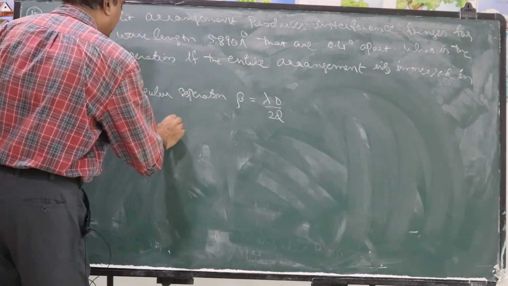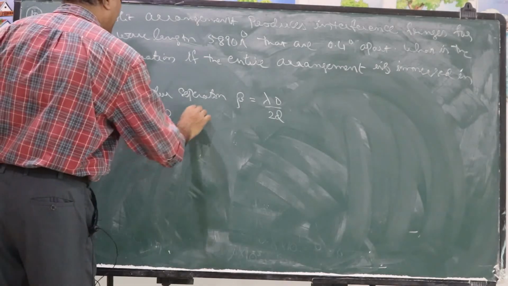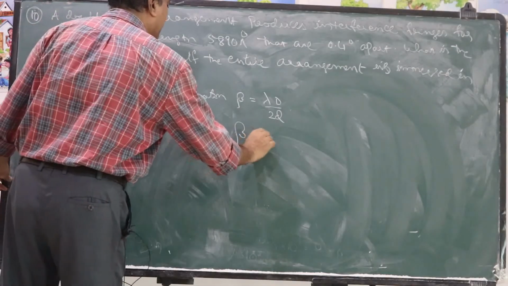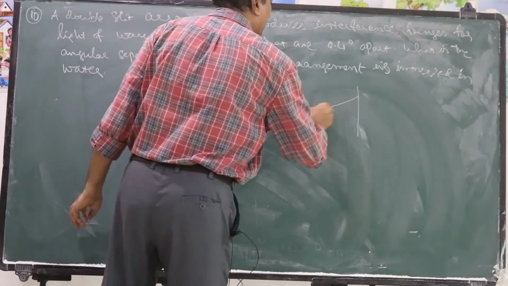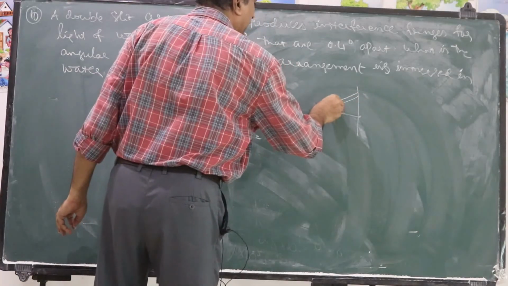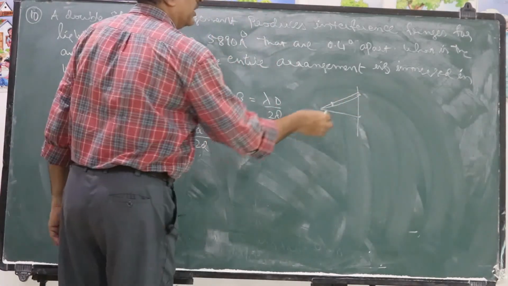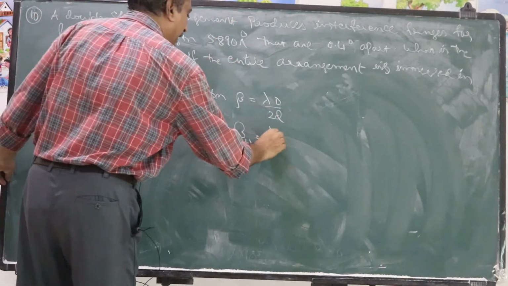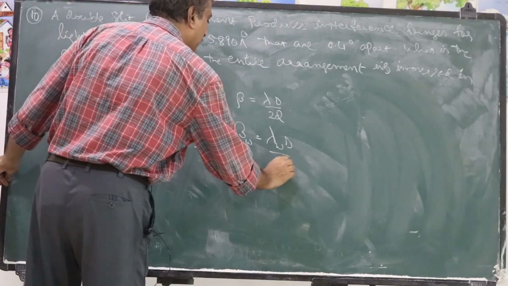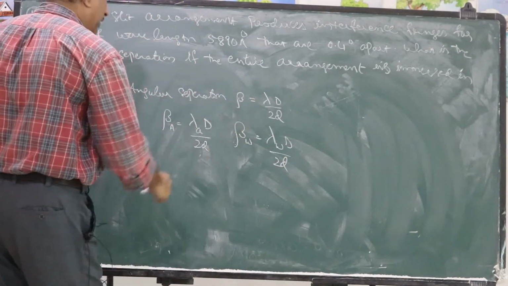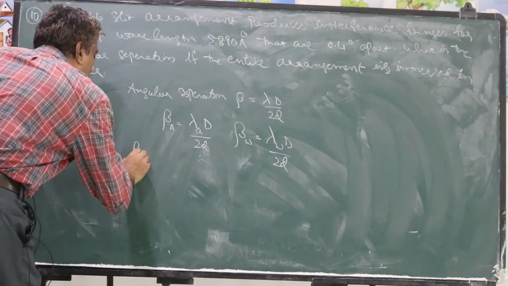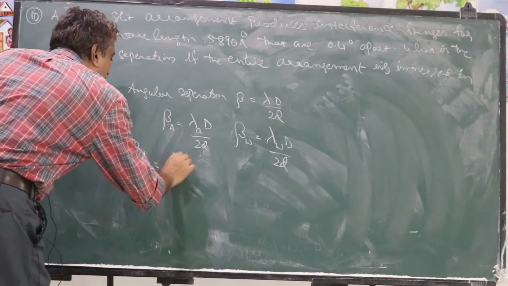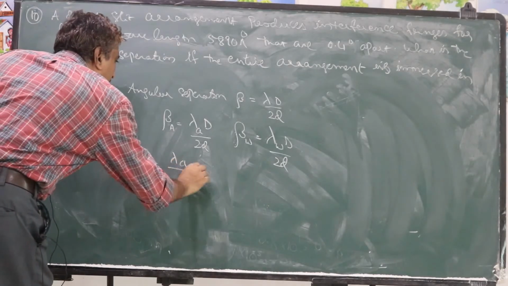So now beta in air is given by lambda in air by 2d, and beta in water, in water it is given by lambda in water by 2d. Now we divide one by the other, that means beta air by beta water is equal to lambda air by lambda water.